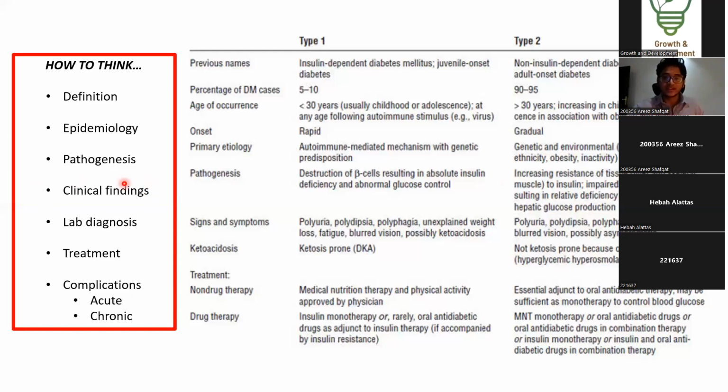Then let's discuss clinical findings. The main problem in diabetes is hyperglycemia. The problem with hyperglycemia is that glucose can spill over into the urine to give you glucosuria, which gives you polyuria. The guy's urinating a lot, so he's losing a lot of water and needs to hydrate himself. So you have polydipsia, increased thirst.